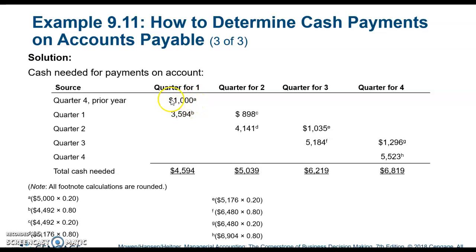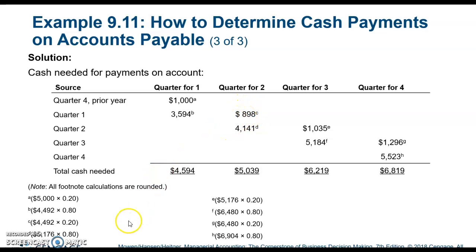So 5,000 times 20% is how we got this $1,000. Then we said that for quarter one, for raw materials, we were going to need $44.92 total for the blank shirts and the ink. And out of that, 80% gets paid for during quarter one, and the other 20% gets paid for during quarter two.